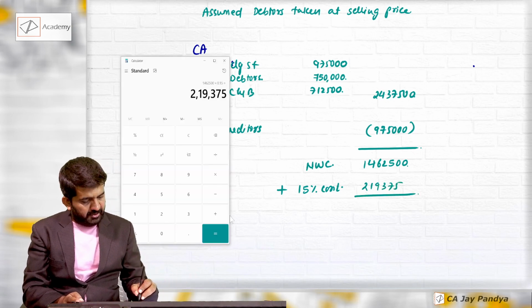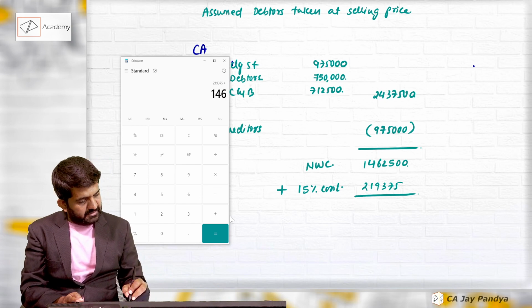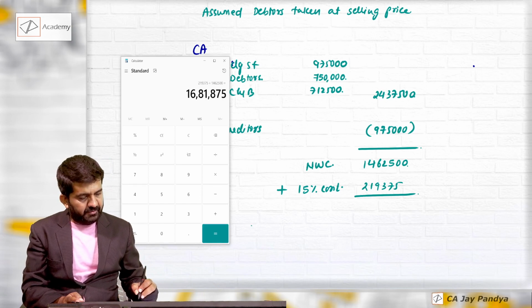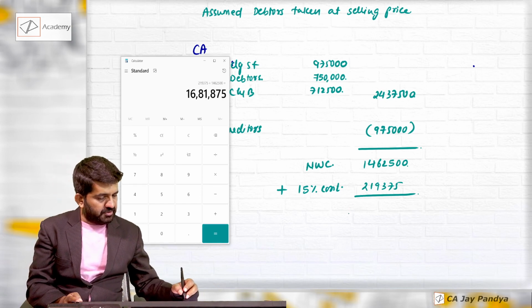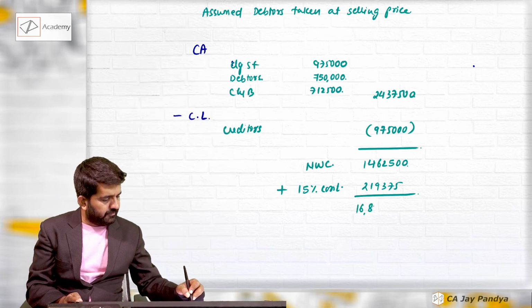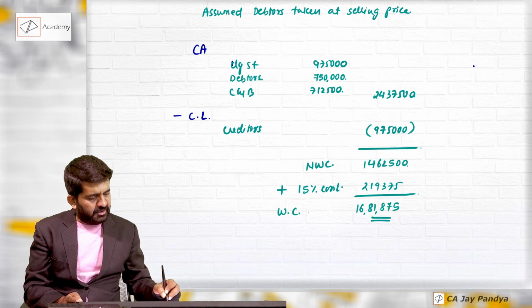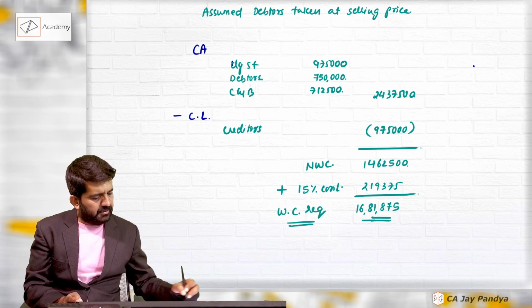Total working capital requirement will be plus 14,62,500, 16,81,875. This is nothing but the working capital requirement.